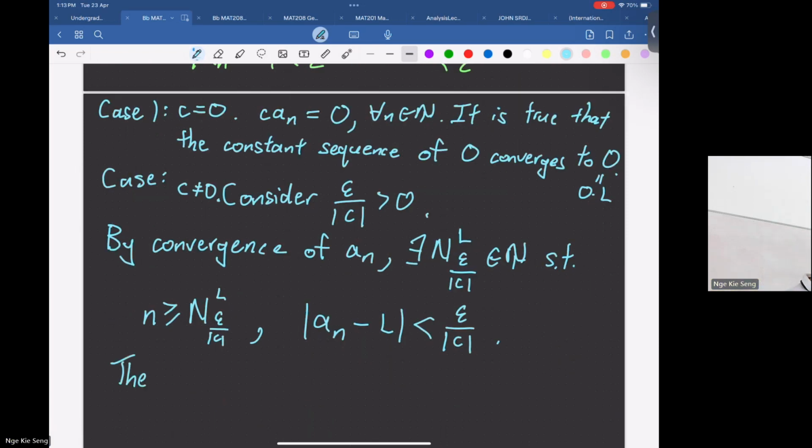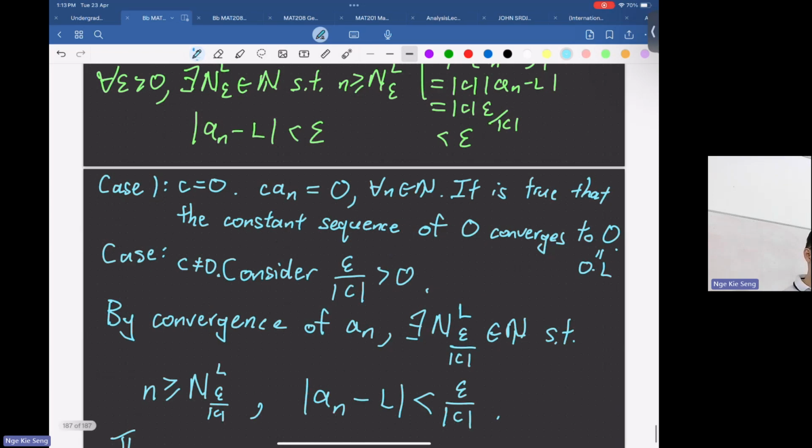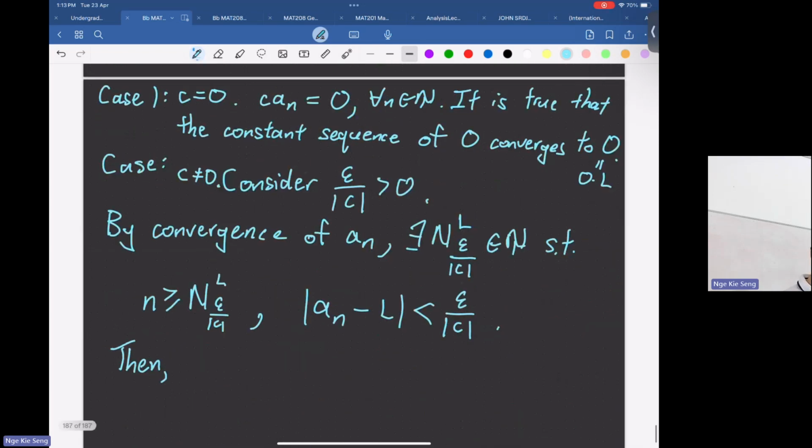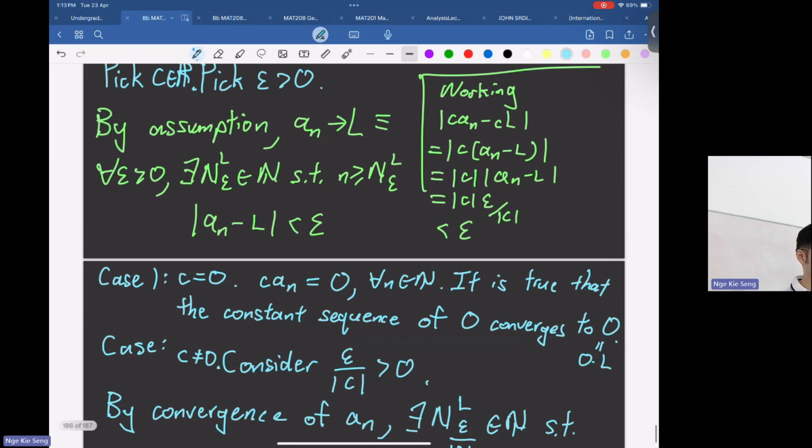Then what's the N? What is the N for our new sequence to converge? What's the N of C a_n to C L at epsilon? What do I need to pick?